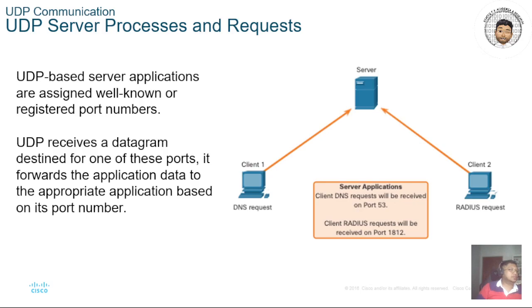For server processes and requests, they are assigned a well-known or registered port number. UDP receives a datagram destined for one of the ports and forwards the application data to the appropriate application based on its port number. So this is the process of the server process and request.